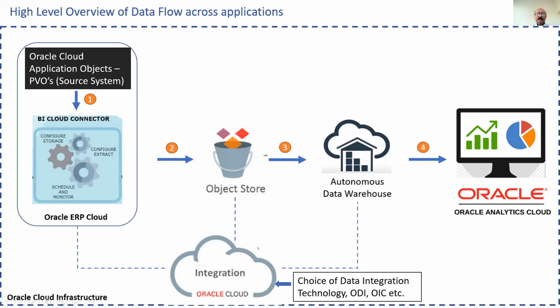There are a variety of integration technologies available, such as you can use OIC to orchestrate this, because OIC doesn't have to do heavy lifting. It is basically orchestrating the data flow, because you are extracting as flat files from Oracle Cloud through BICC.